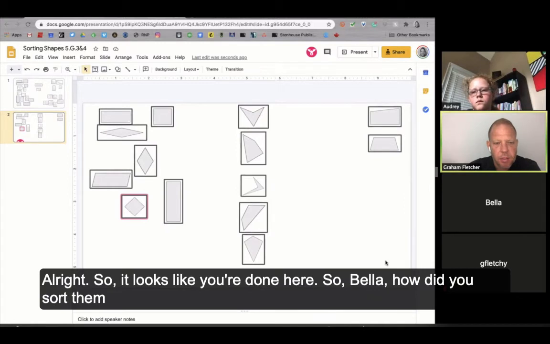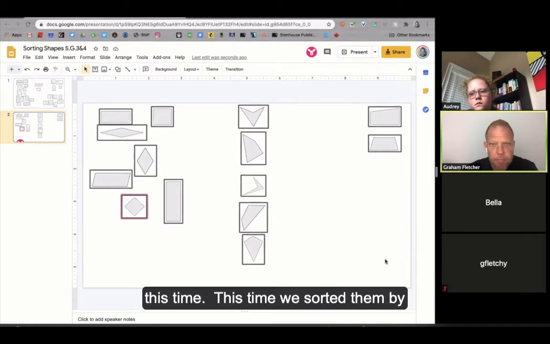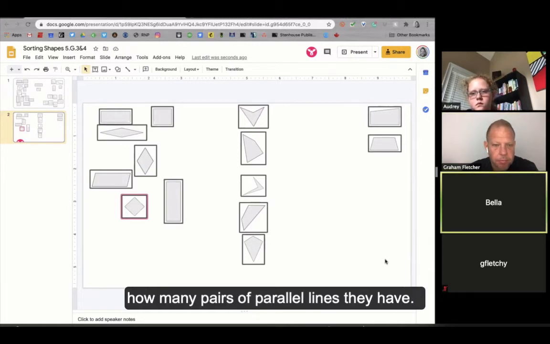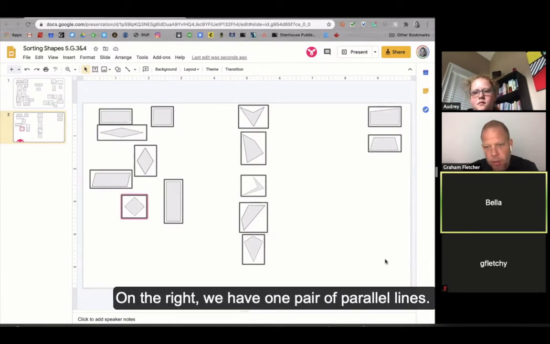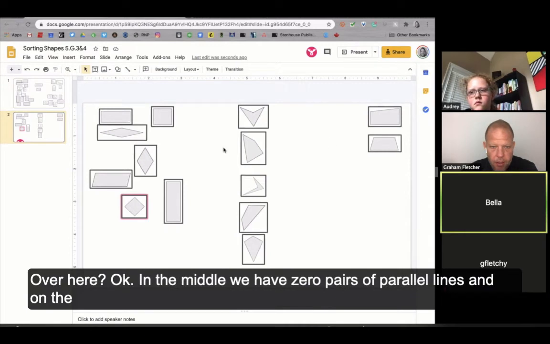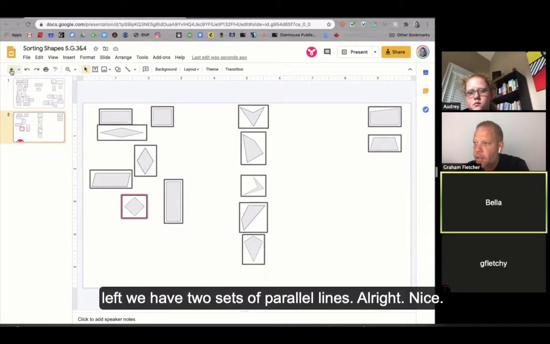All right. So it looks like you're done here. So Bella, how did you sort them this time? This time we sorted them by how many pairs of parallel lines they have. On the right we have 1 pair of parallel lines. In the middle we have 0 pairs of parallel lines. And on the left we have 2 sets of parallel lines.